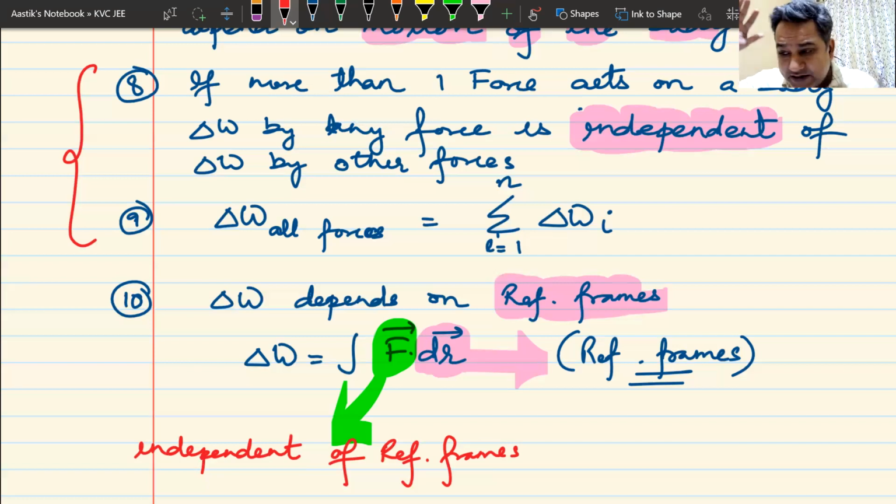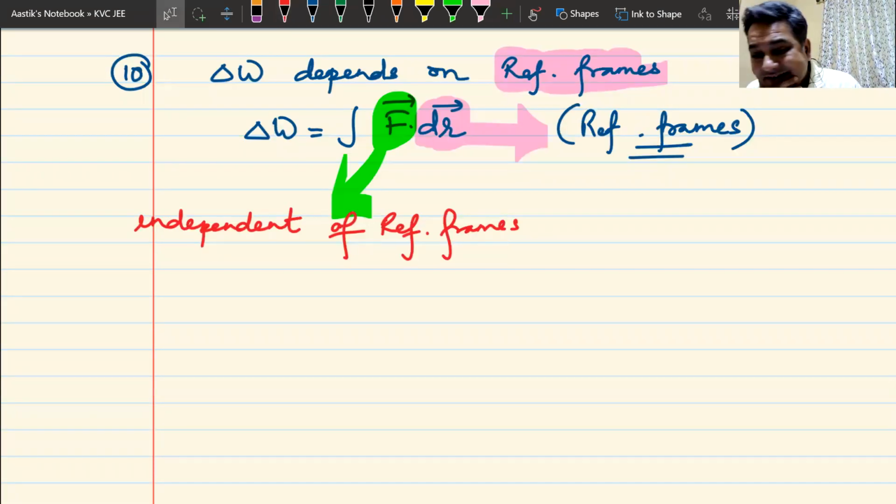Do I have an understanding? Can I have some raised hand that we understand this? So these are all the simple points you have to know, because these points can come as single option or multiple option in your exams.